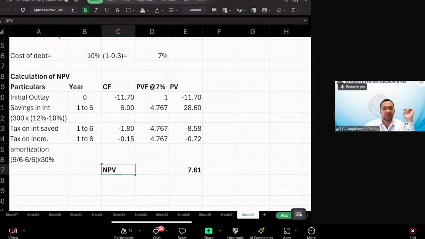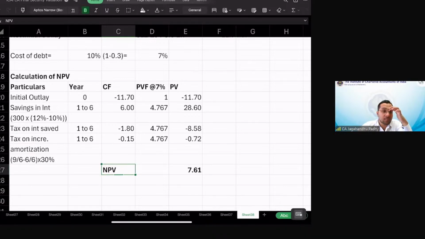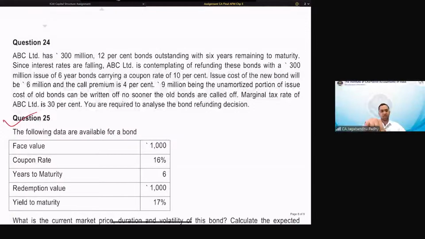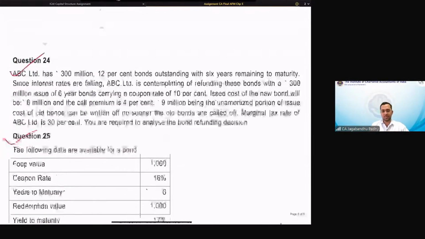Yes. So your decision will be the bonds should be refunded. The bonds should definitely be refunded. Fine, guys. So that is question number 24, which is done.